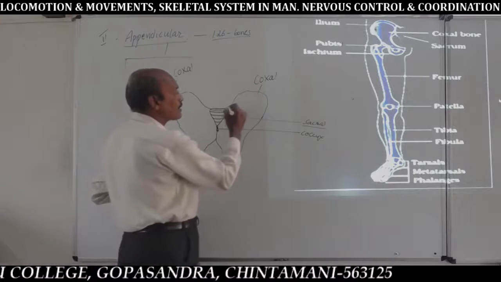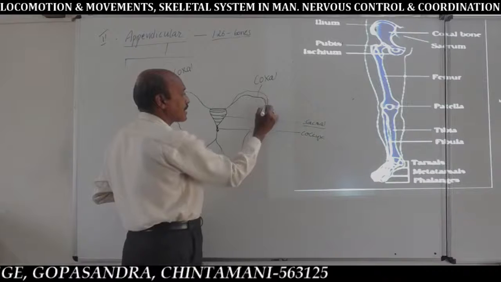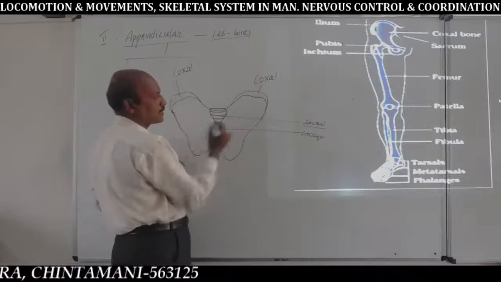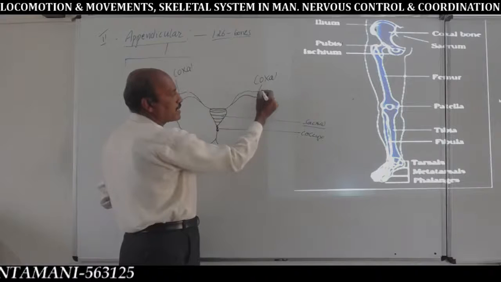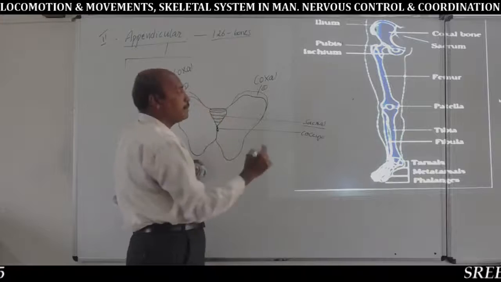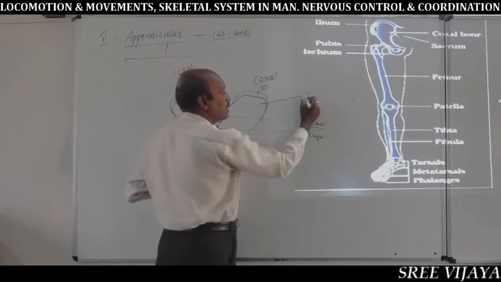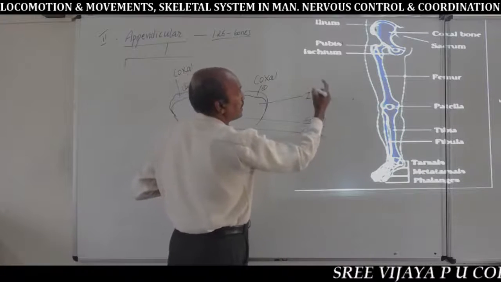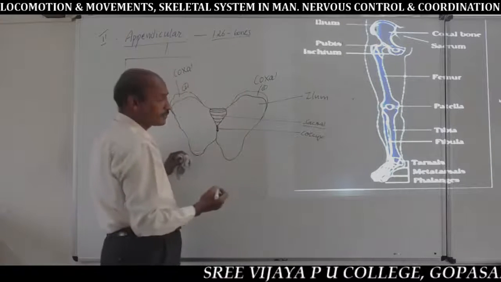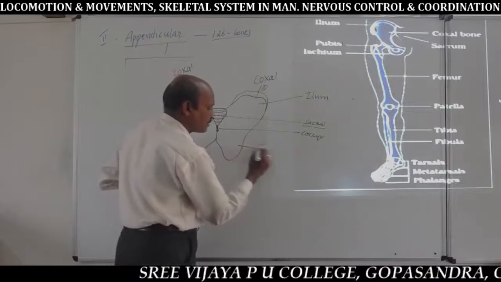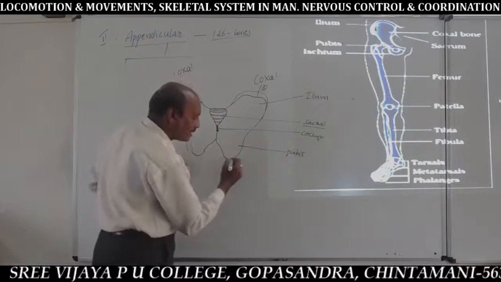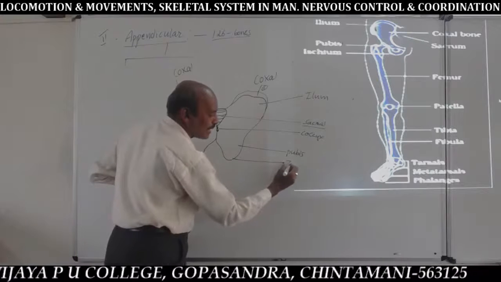You should remember this statement. Each coxal bone consists of 3 parts: ilium, this area is the ilium, pubis, and ischium.